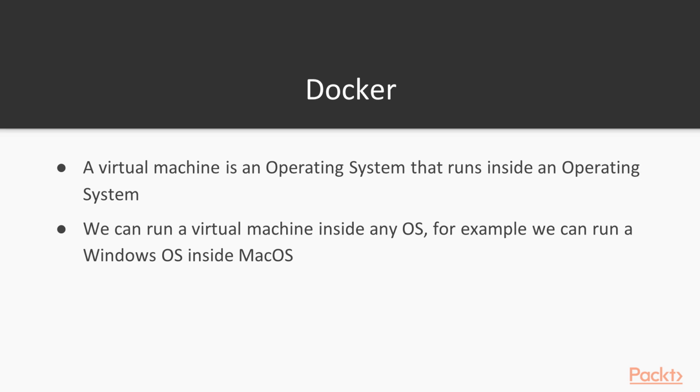Now, for the longest time, we did use virtual machines as developers, and that helped because oftentimes we ran into the problem that something worked on our computer, but then when we pushed it to the server or another developer's computer, it didn't work. Most likely that happened because they didn't have the correct dependencies or programs installed, or maybe the file structure was incorrect on their machine or the server's machine.